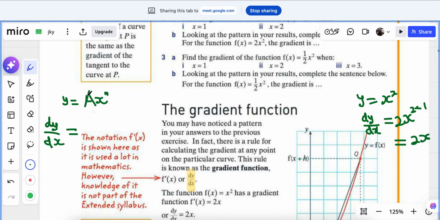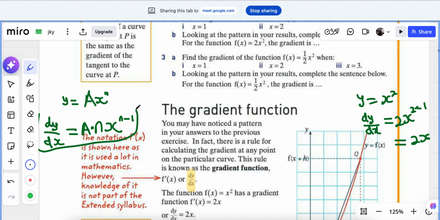This one already has a coefficient, let's say a is 4. So you say a times n, which is an, then you write x raised to the power n minus 1.